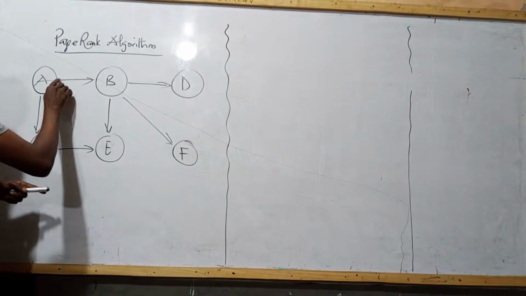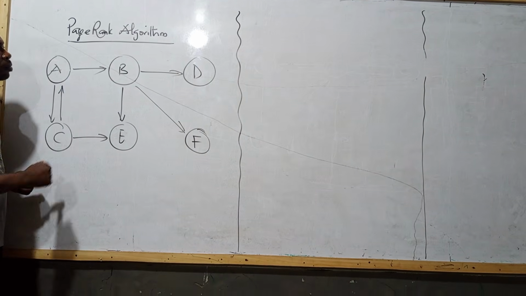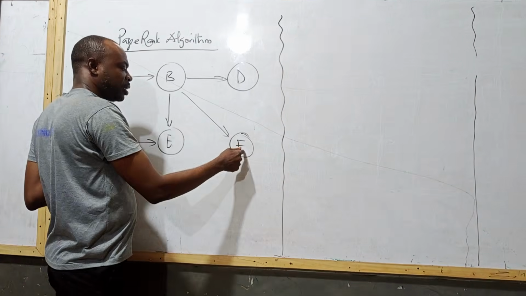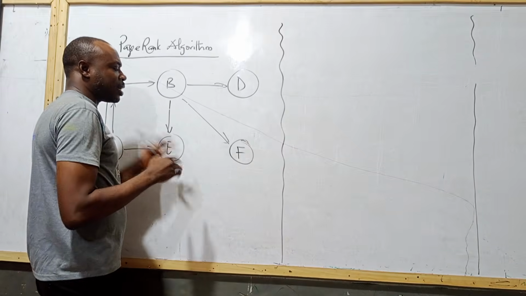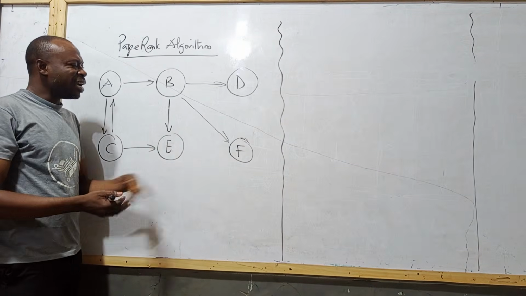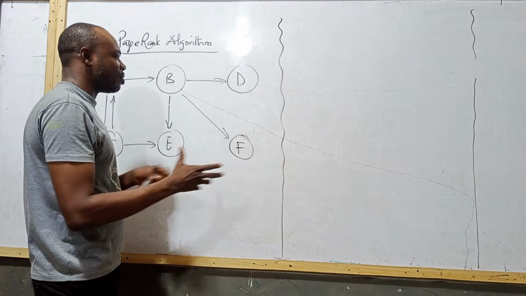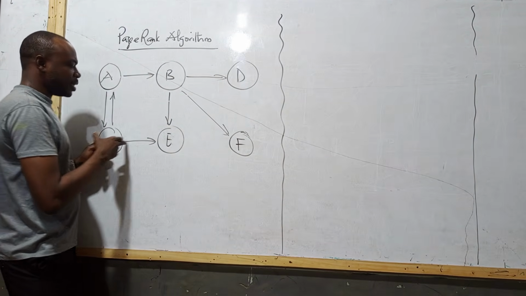So there are two things that might happen, and we are going to look at them. It's possible that when you get here, you cannot go back to any of these websites until the user tries to type something else and leave the page. I don't know whether you are getting what I'm saying. When you are online and browsing, it's possible that when I'm on this page, I click and it takes me here.